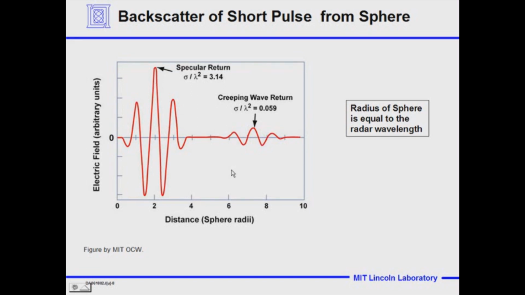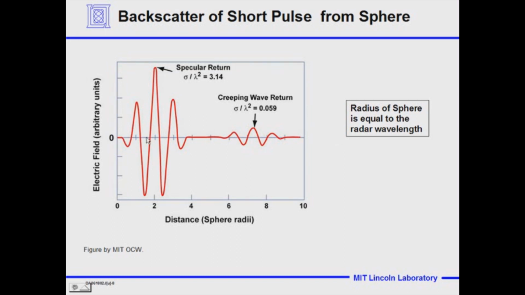John Reinstein and a colleague, in a published paper, were able to calculate what the return is from the specular, which is right off the tip of the sphere, and then that wave that creeps around the back, for the case where the radius of the sphere is equal to the radar wavelength.